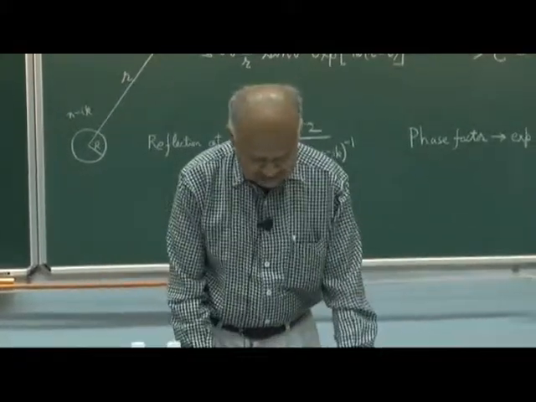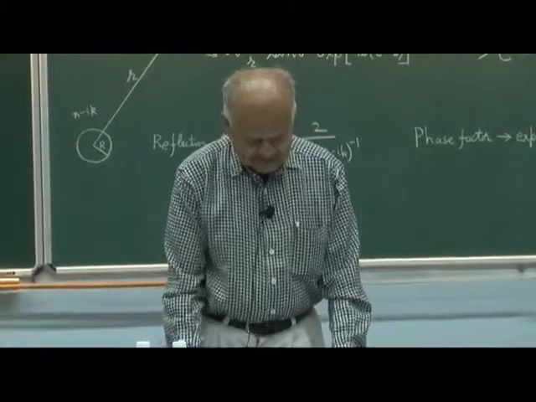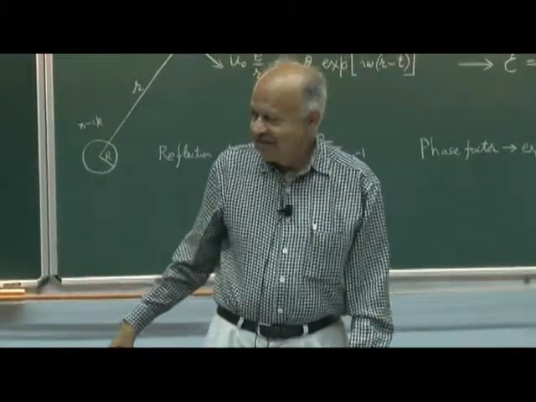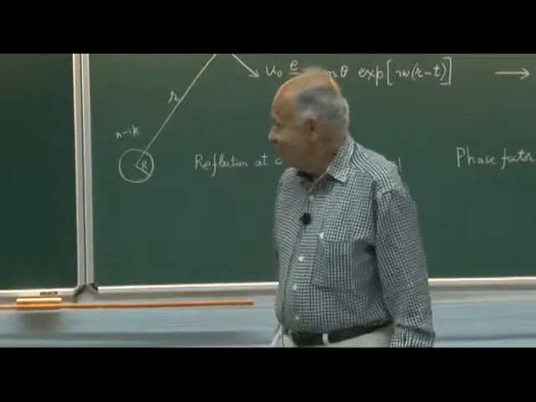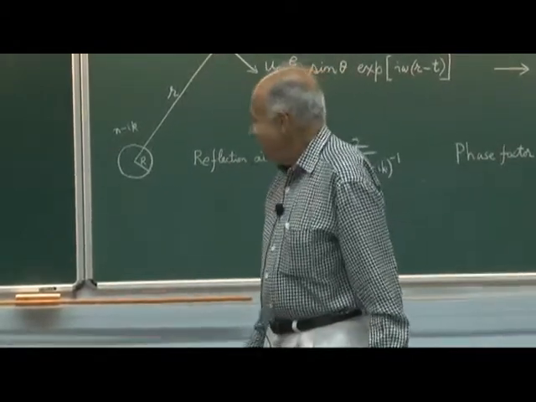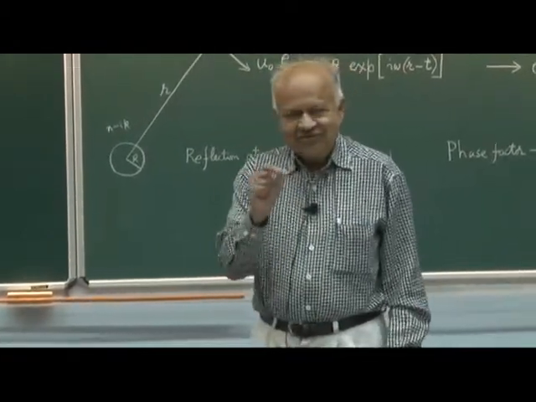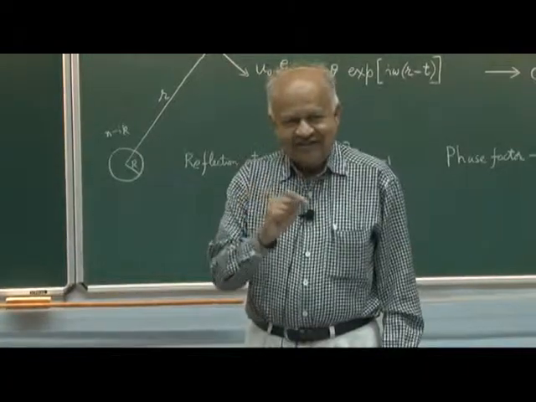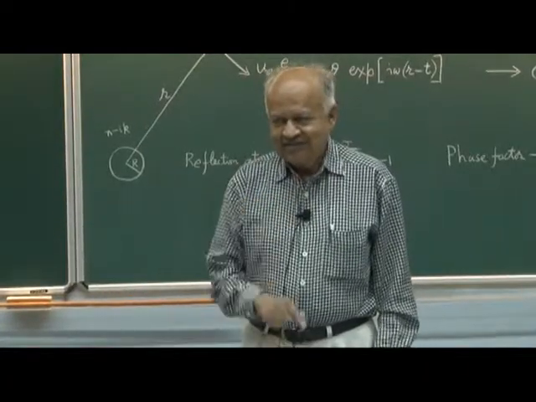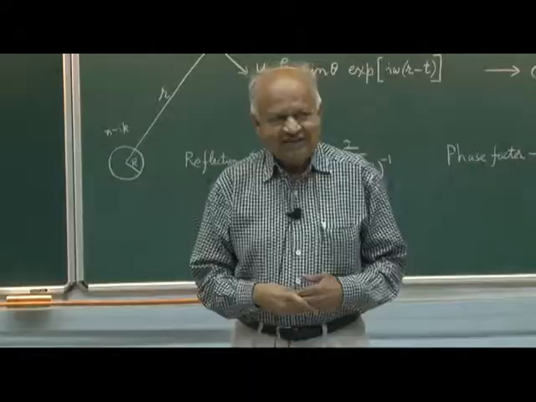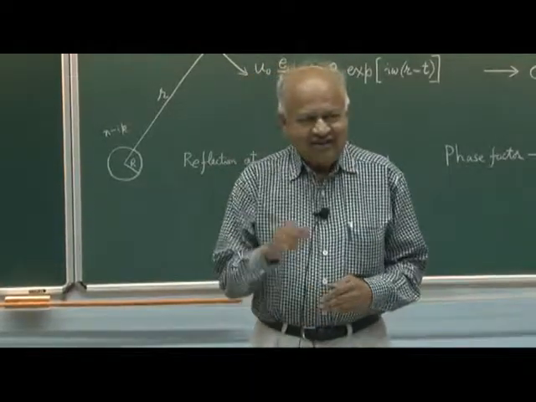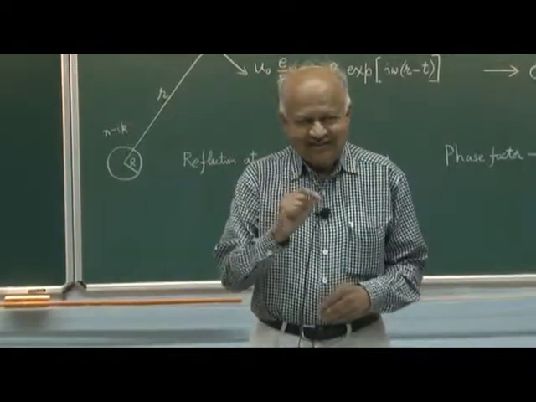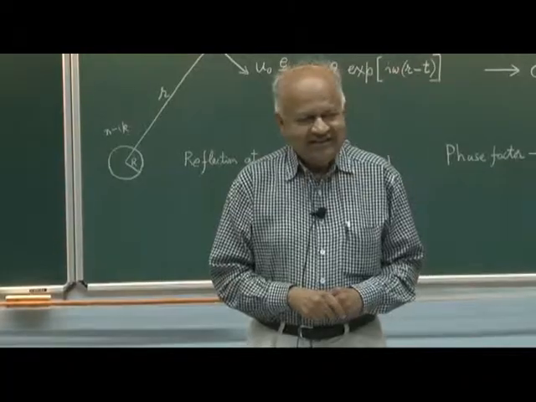So, what I want to work out here is the following problem. Suppose you have an electric charge which you oscillate or make accelerate, because we know from electromagnetic theory that an oscillating or accelerated electric charge radiates.